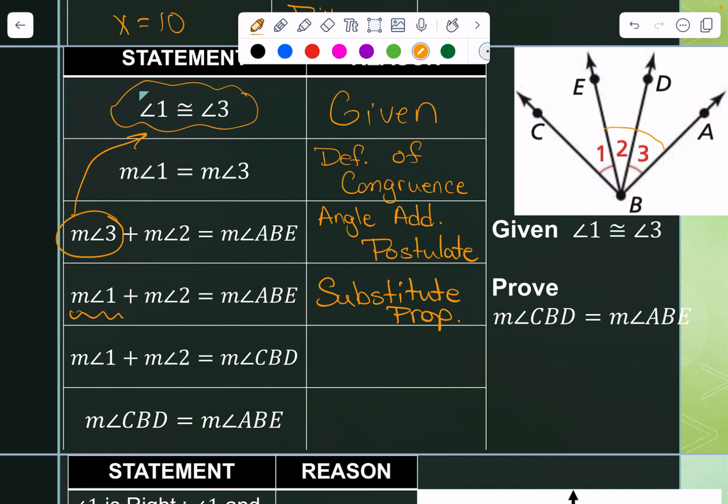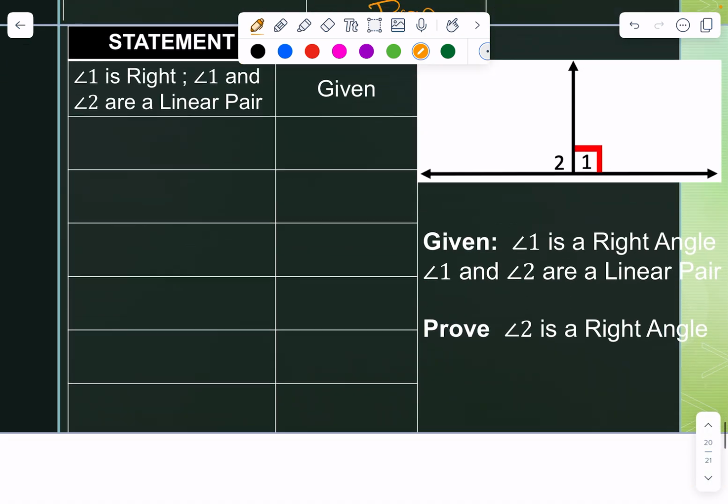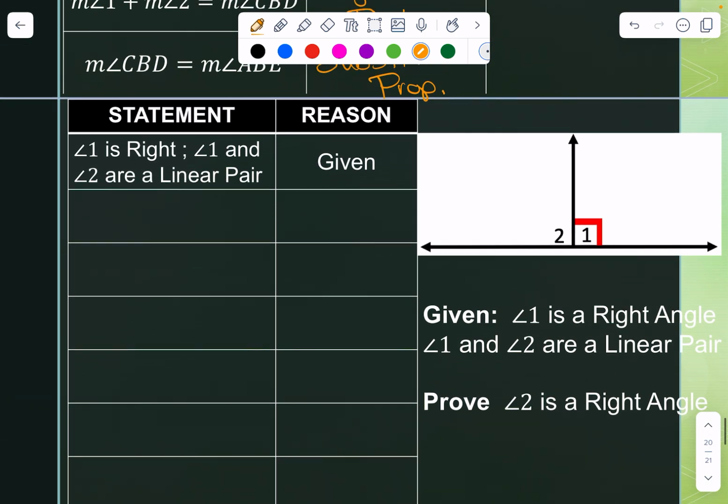So they are substituting, the substitution property. Then at that point, they are going to substitute what measure of angle 1 plus measure of angle 2 actually is. That is CBD, and that is by angle addition. And then once they're there, we can just say that the measure is equal to the measure, and that is by substitution again.